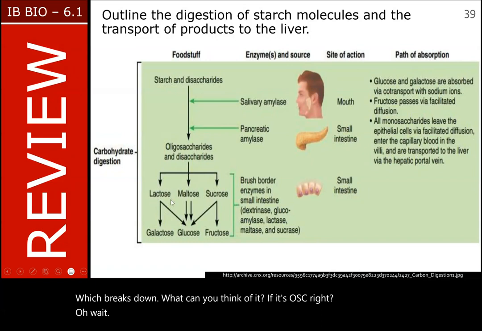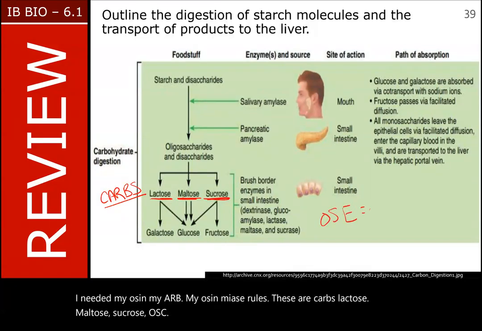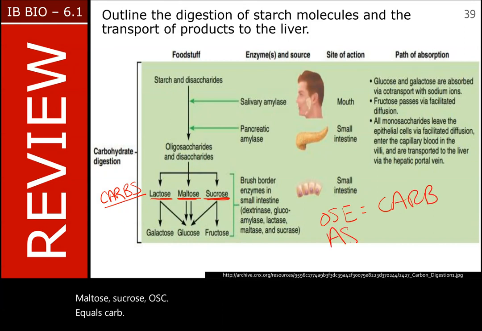Backwards. Sorry. Lactose is the carbohydrate. These are the carbs. See, I needed my OSE and my ASE rules. These are carbs: lactose, maltose, sucrose. OSE equals carb. ASE equals enzyme.